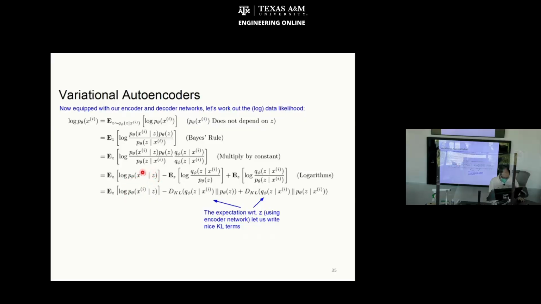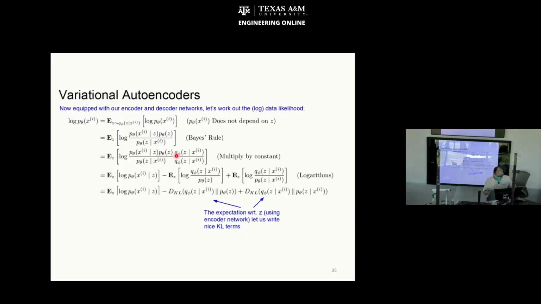The second one is log of q divided by p, and the last term is log of q divided by p for this one. So this is the ratio between these two that we are looking at. Okay, we are taking the log.